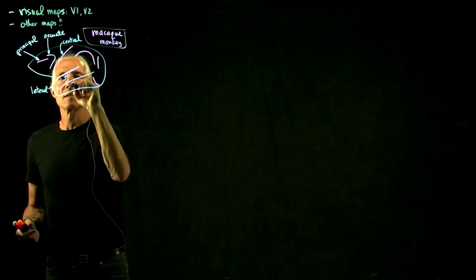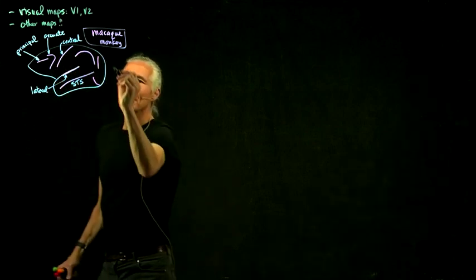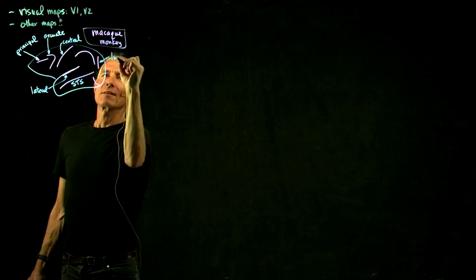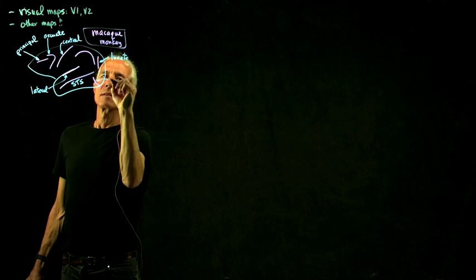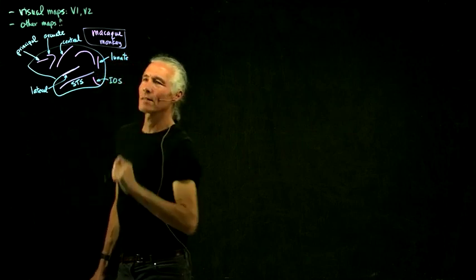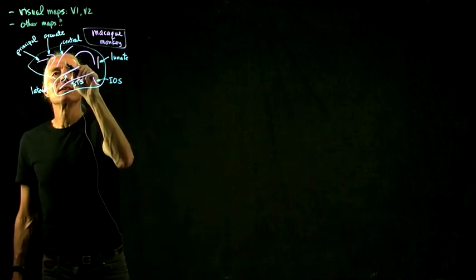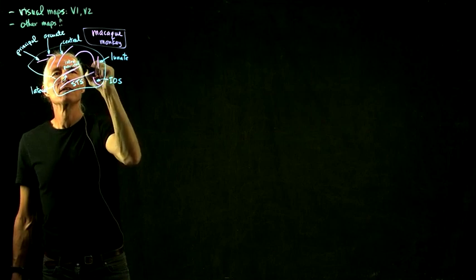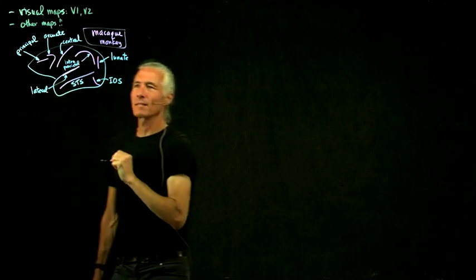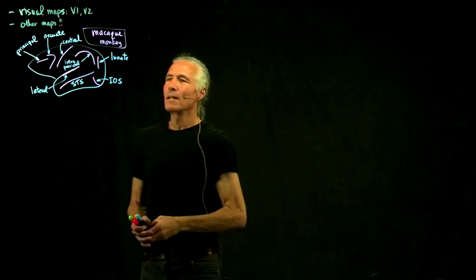This one is the superior temporal sulcus. And this guy is the lunate sulcus. You probably haven't heard of that one. And then this is the inferior occipital sulcus. And then last but not least, the intraparietal, IPS. So those are the main folds in the macaque brain.